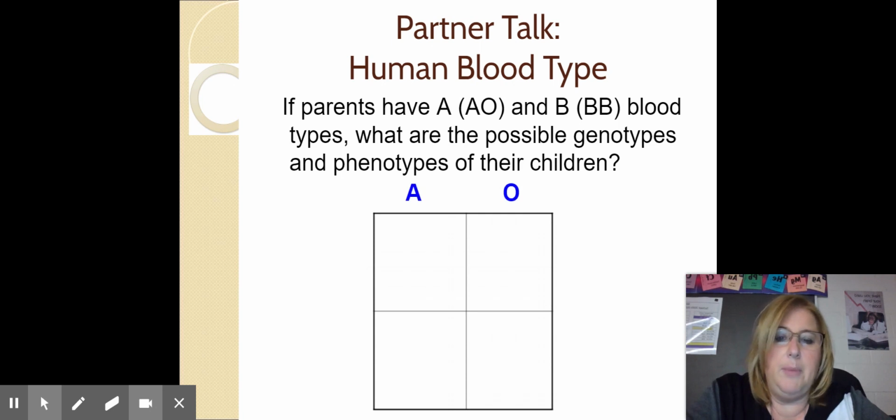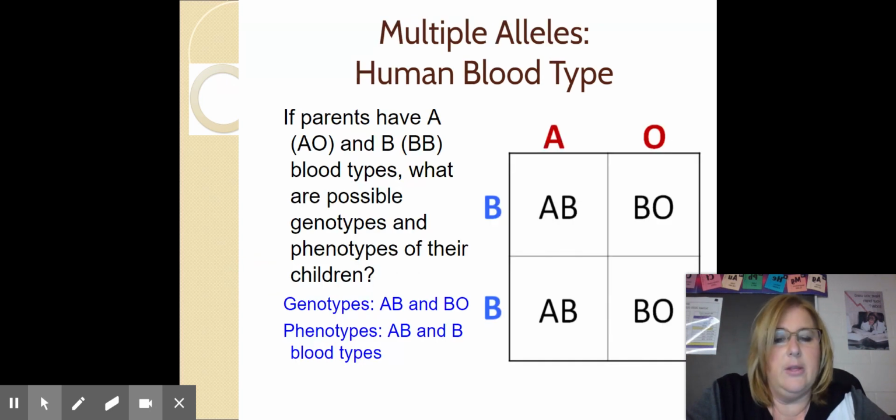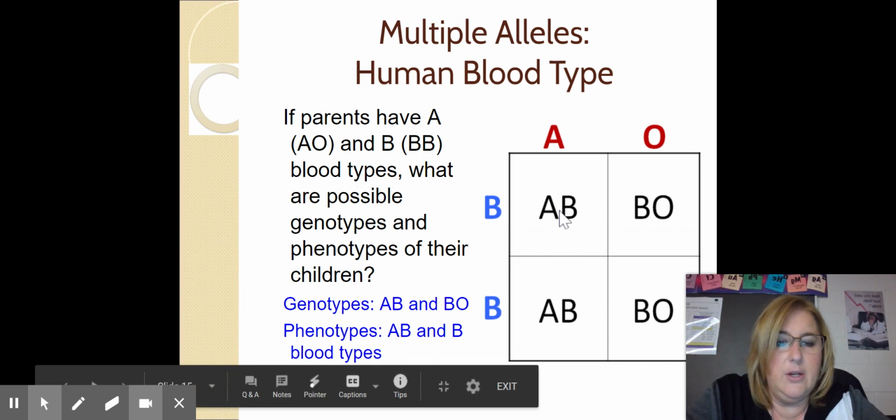We would put the one parent along the top and the other parent at the side. And we'd fill out the Punnett square the same way you would fill out the Punnett square for any normal Mendelian trait. The A and the B would come together in this first box here. This B and O come together here. This A and this B come together here. And this B and this O come together there.